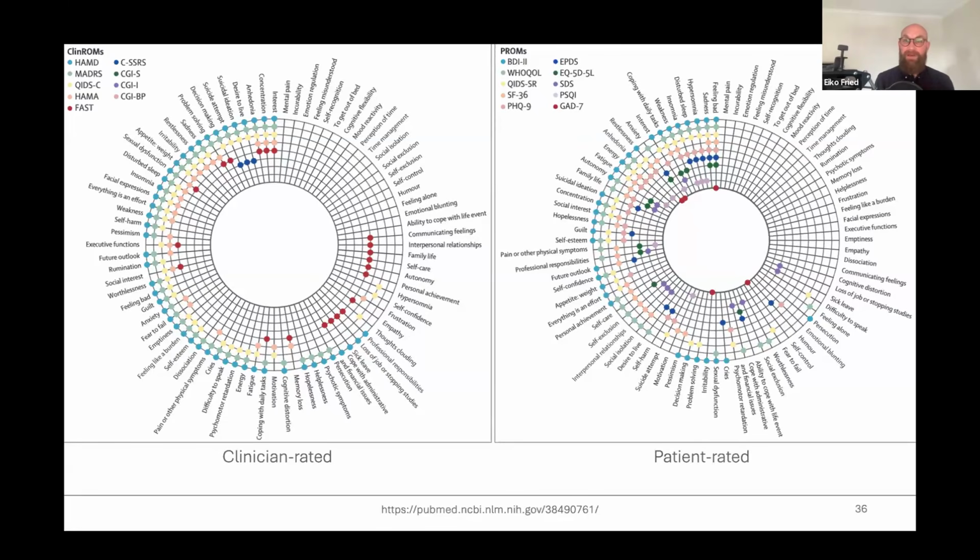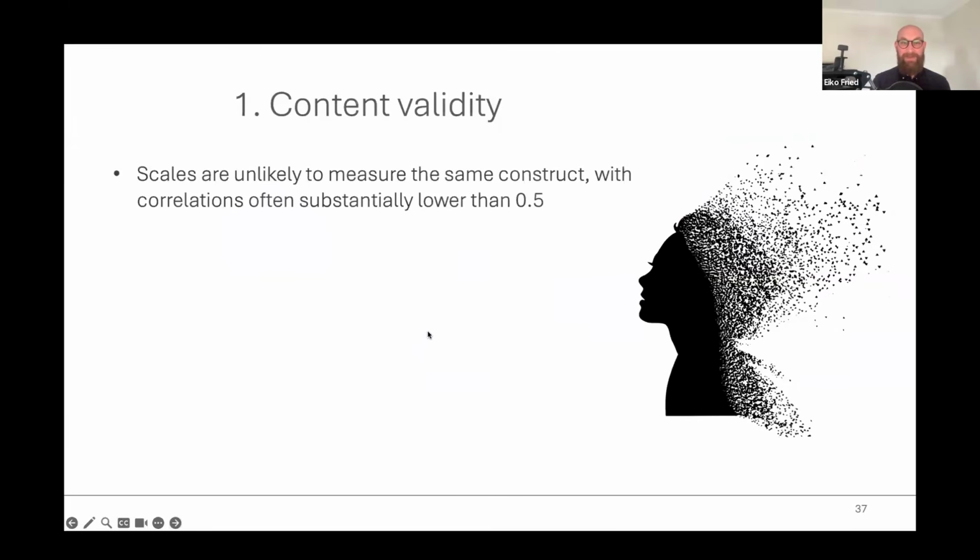And yeah, you see mental pain here as the last one that is assessed by none of these scales. Yeah, I think this is a really fascinating investigation, and I hope you'll spend some time with these 2 graphs in particular.